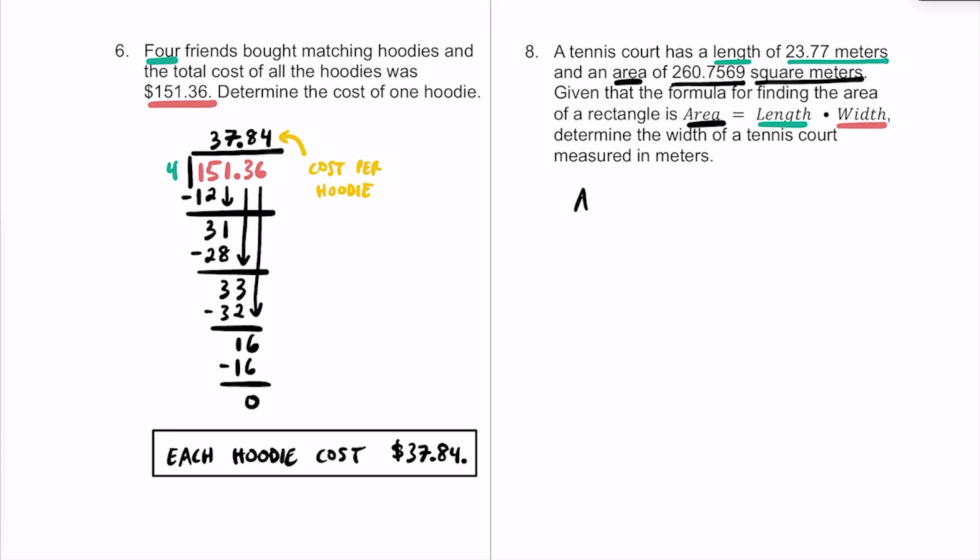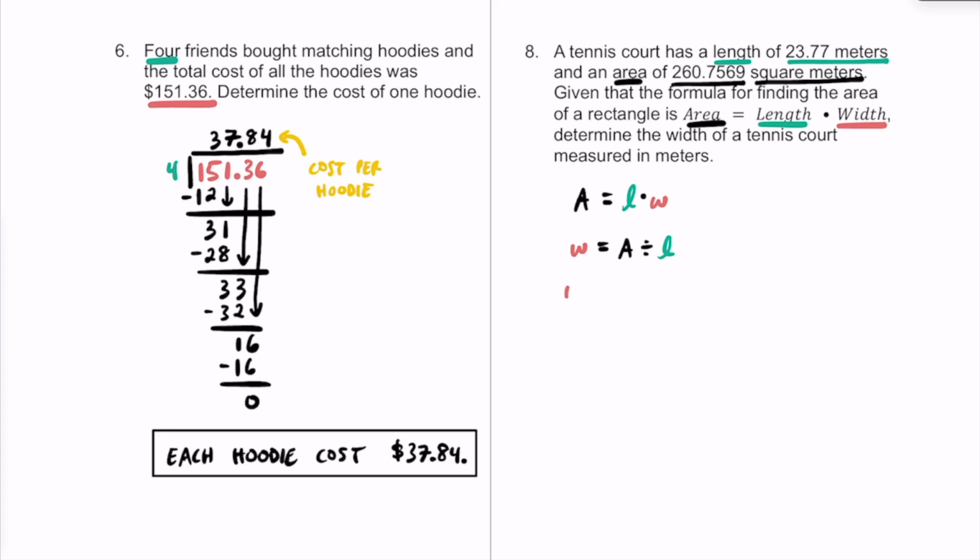All right, so just using some variables here, if we know that the area, or capital A, is going to be equal to the length multiplied by the width, or lowercase l times lowercase w, then it should hopefully make sense that the width would be equal to the area divided by whatever the length is going to be, right? So let's use this rearranged version of that formula to figure out what the width is.